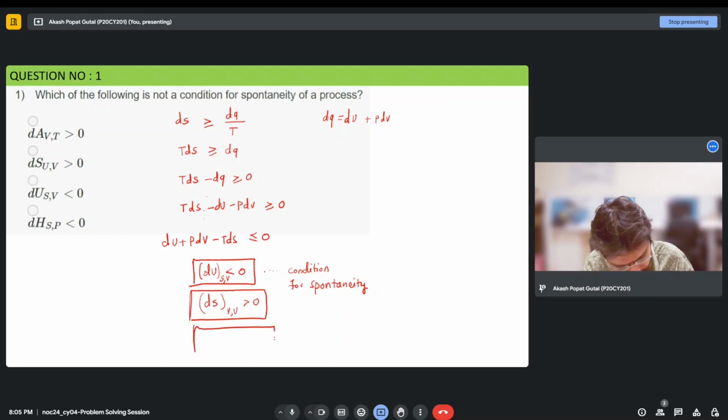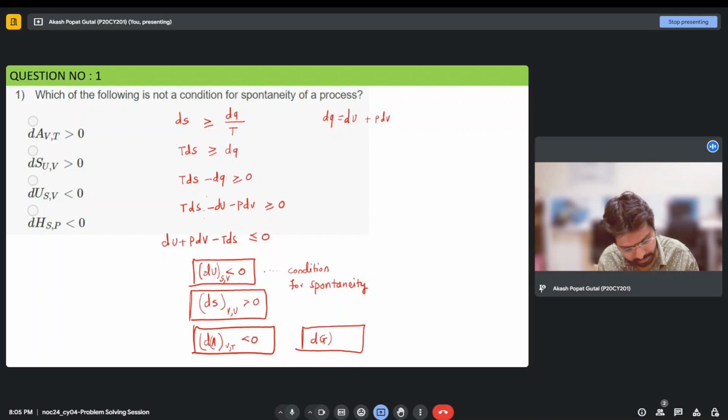Similarly, for Helmholtz energy, dA at constant volume and temperature, it should be less than 0. And dG at constant P and T should be less than 0. So these are the conditions for spontaneity. So what is the wrong condition here, which is not a condition of spontaneity, is option number A.